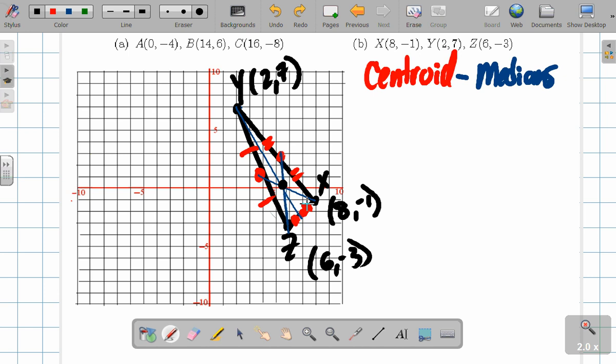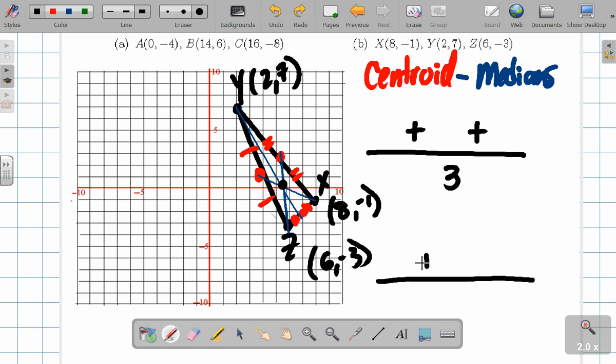The connection of all 3 midpoints, all you simply do is you average all the x's, and then you average the y's. That's it. This is a really easy one. Okay, so how many x's do we have? 3. So to get our x coordinate, just immediately set it up like this.